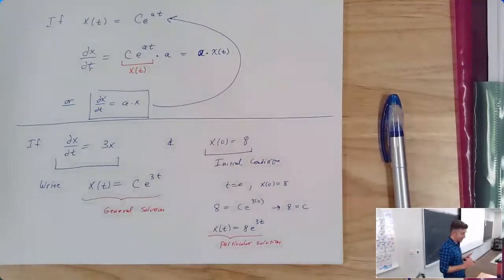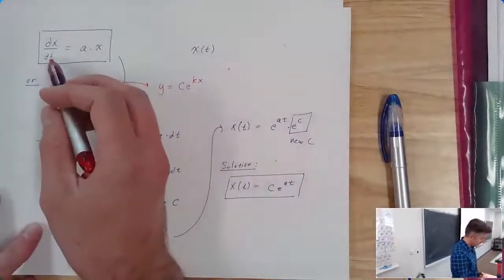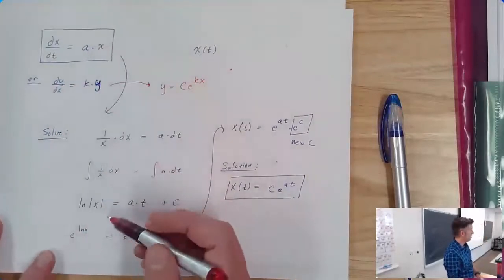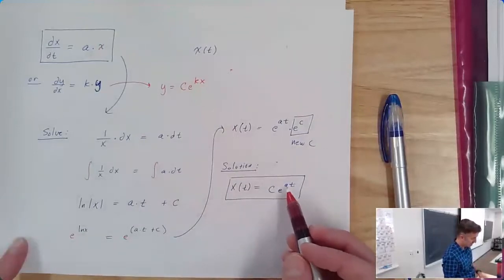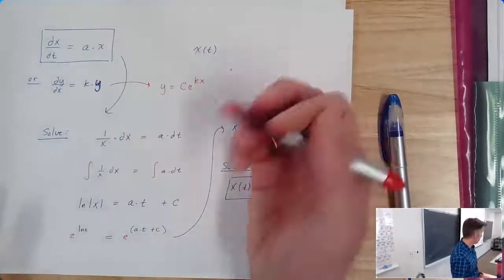I said this has the same sort of flavor as the thing we just did, where if I want to solve dx/dt equal to a times x, you can do all the work, but we can also just know the solution is always going to look like C times e to the a times t. So all I did was substitute in 3 for a.